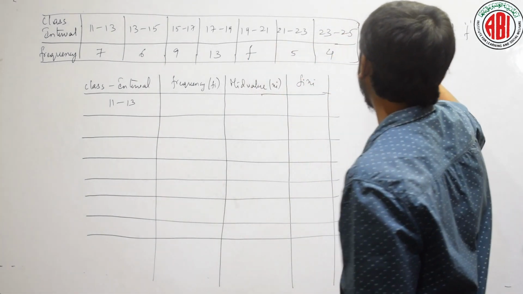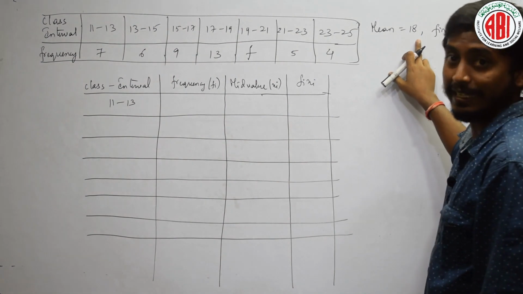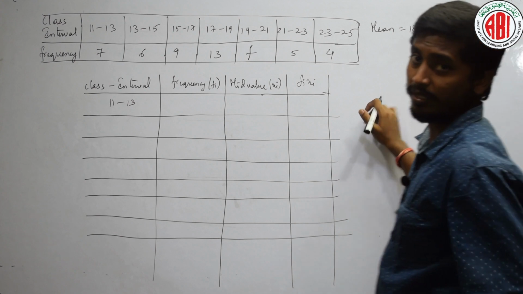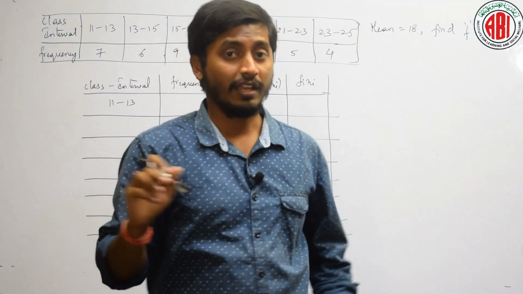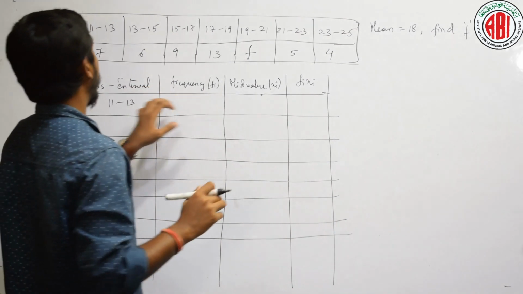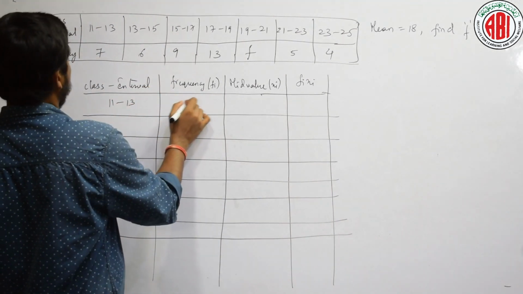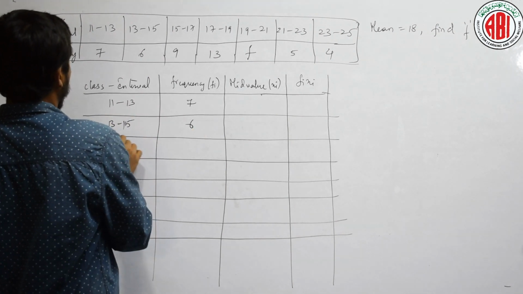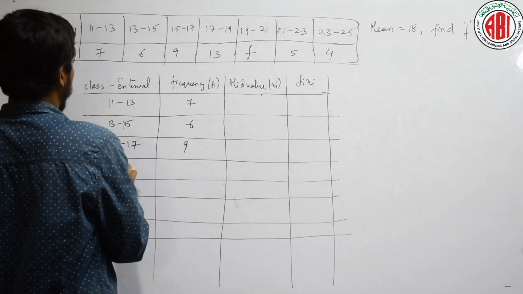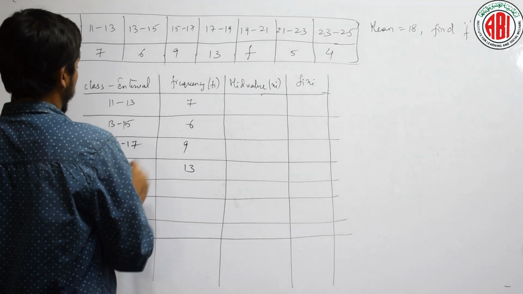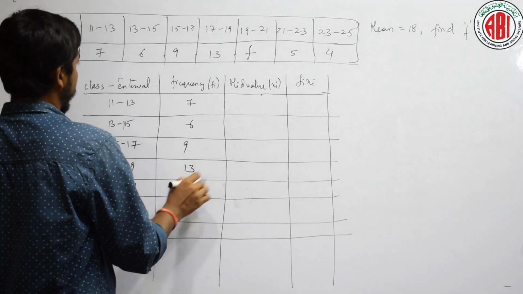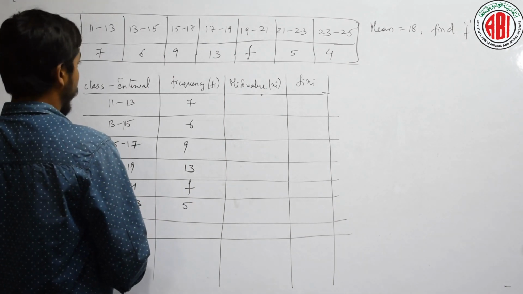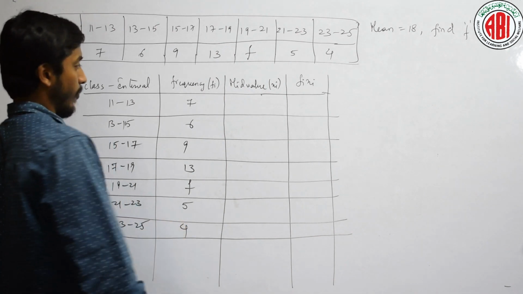We have to write all the classes and frequencies: 11 to 13 is 7, 13 to 15 is 6, 15 to 17 is 9, 17 to 19 is 13, 19 to 21 is f, 21 to 23 is 5, 23 to 25 is 4.